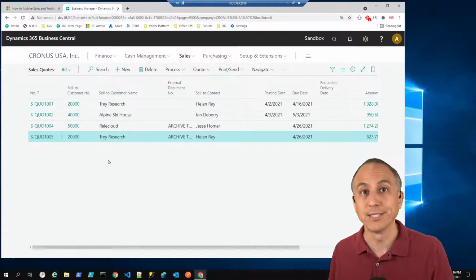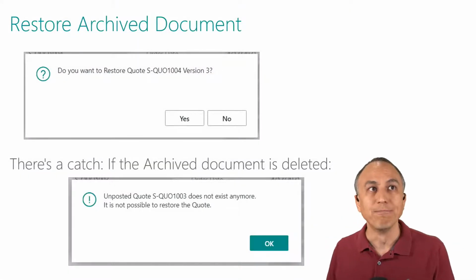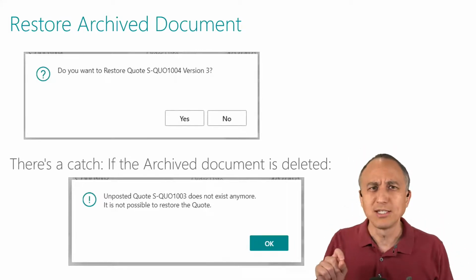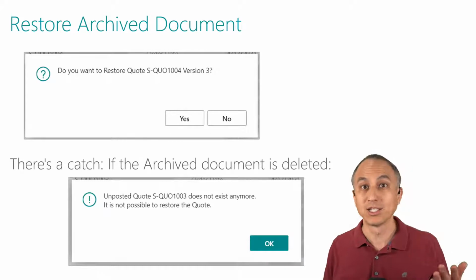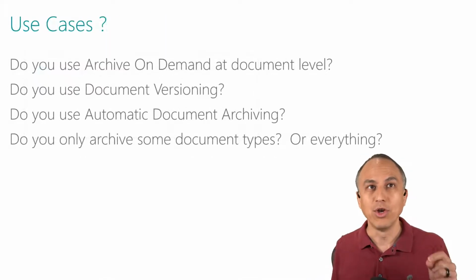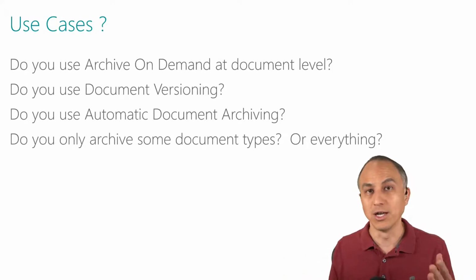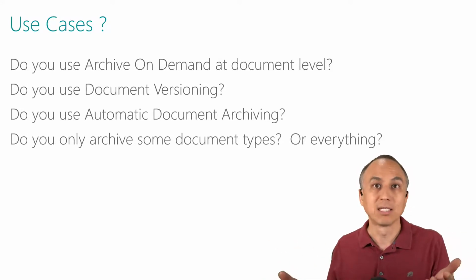I'm assuming there's a reason. Don't know what it would be off the top of my head. So anyway, with that catch, I think this is a really fascinating feature, but because it's new to me, I am not yet familiar with what the use cases are for these scenarios. The automatic document archiving, that makes complete sense to me.